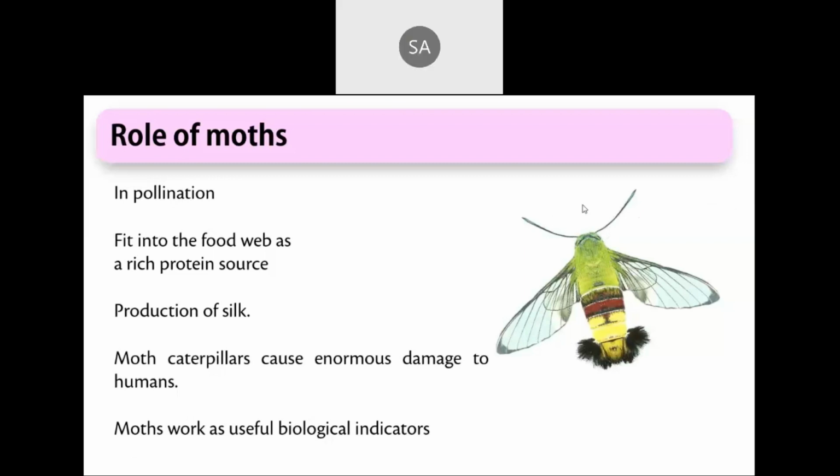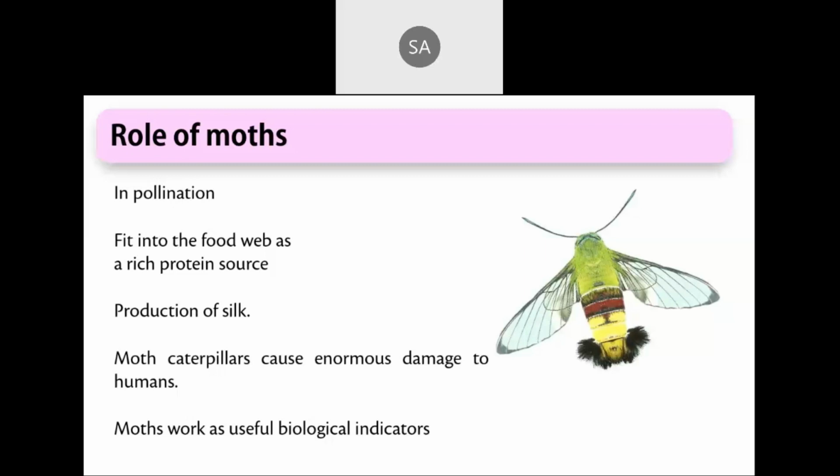Subhas, you're audible. Can you see the slide? Can you hear me? Yes, yes, clear, clear. Okay. So coming to the role of moths. So I cannot see this slide. Just a moment. So, shall I make you once again Okay. present? I can see the slide now. Okay.